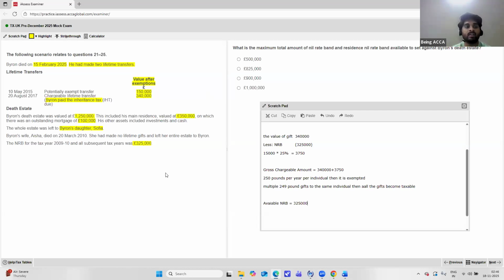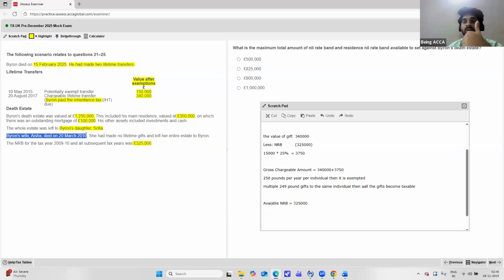But as we discussed earlier, Byron's wife Aisha also died on 21st March 2010, and she had made no lifetime gifts, and the estate was left to Byron. So because of that, her nil rate band was also not utilized. The proportion of the unused nil rate band should be multiplied with the nil rate band at the current time.